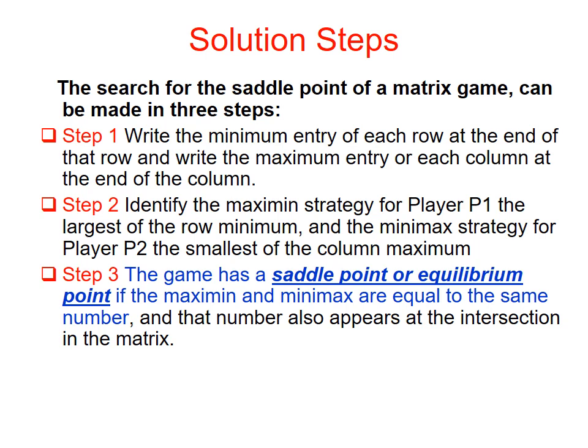Identify the maximin strategy for player B1, the largest of the row minimums, and the minimax strategy for player B2, the smallest of the column maximums. Step 3. The game has a saddle point or equilibrium point if the maximin and the minimax are equal to the same number, and that number also appears at the intersection in the matrix.